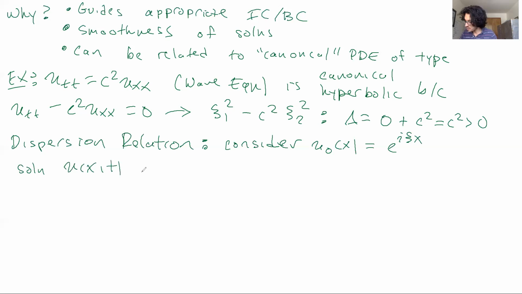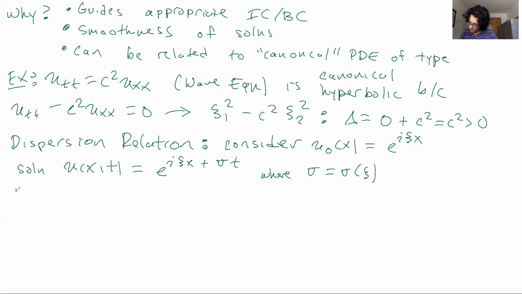So the solution to the wave equation, or in lieu of any initial conditions, we're going to have a bunch of solutions that look like this: e to the i(xi x plus sigma t), where sigma is actually going to be some function of xi that's determined by the PDE itself.